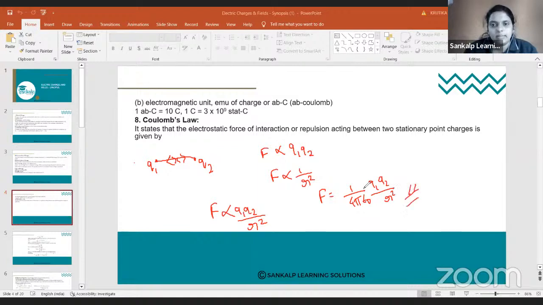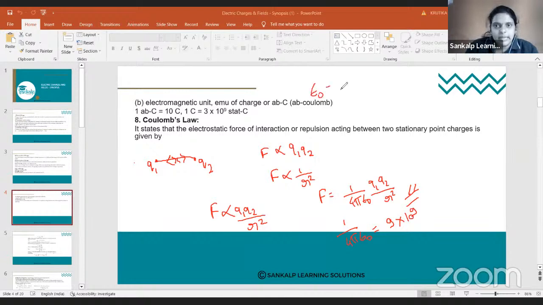Note down the formula, which will help for solving numericals. 1 upon 4 pi epsilon naught Q1 into Q2 divided by R square. R is the distance, Q1 and Q2 are charges, and 1 upon 4 pi epsilon naught is a constant. So what is the value of 1 upon 4 pi epsilon naught? 9 into 10 to the power of 9. If you want, note down the epsilon naught value also.